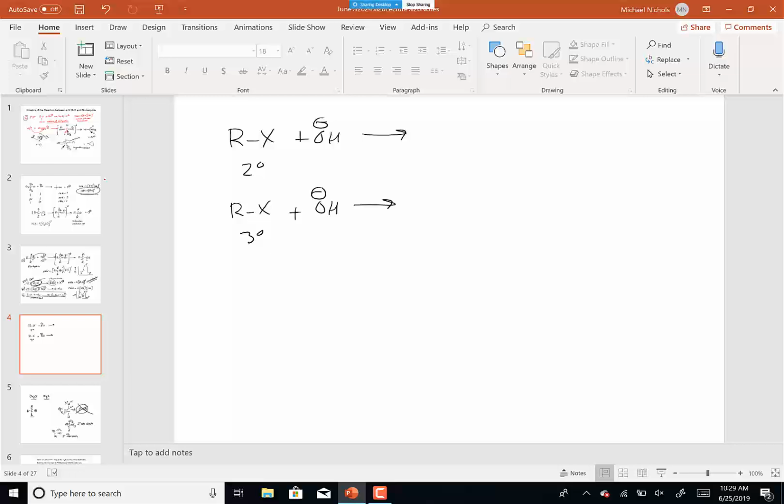Does the stability of the intermediate play a role? Yes, A, B, no. Or I suppose C could be, it depends. And if you choose C, then I'm going to ask you what it depends on. So A is yes.